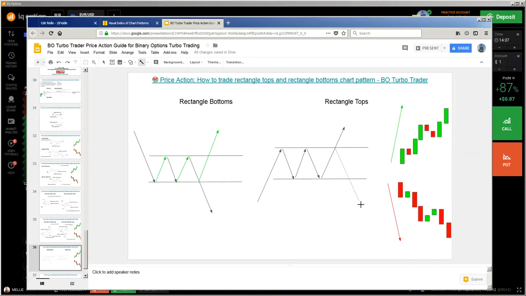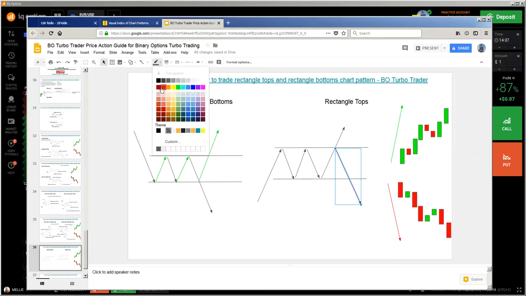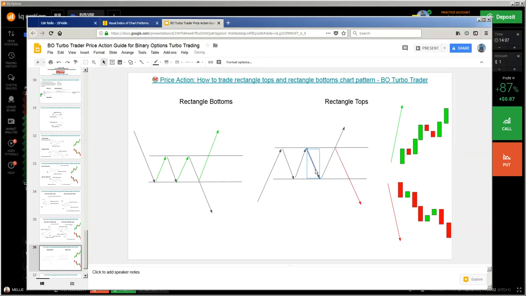So you have to be careful, checking what is going on with it, the pullback, or where it's going to break out. Maybe there will be some kind of fake breakout. You have to be careful. So, this is this one.